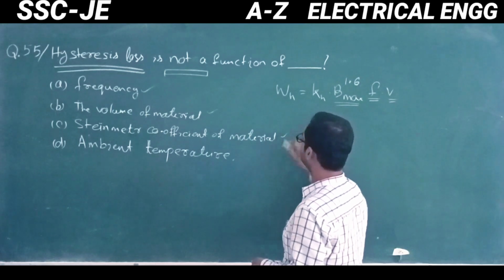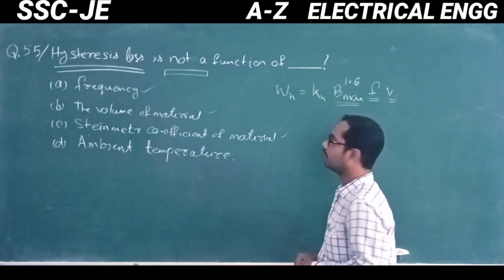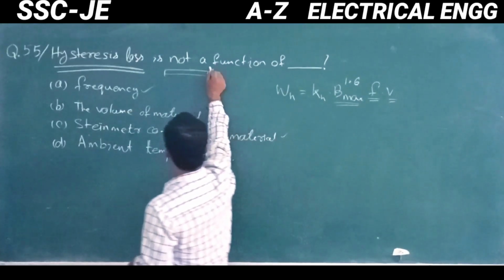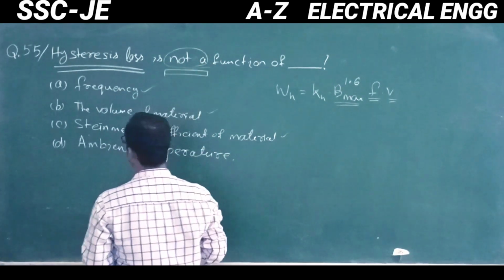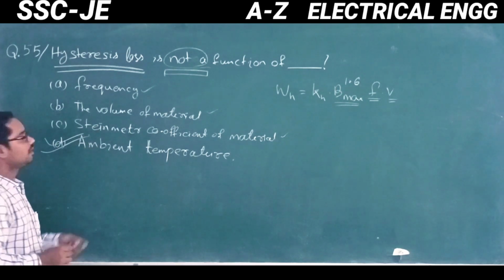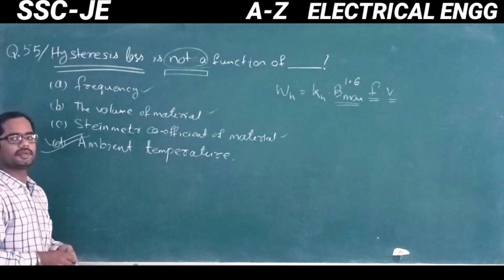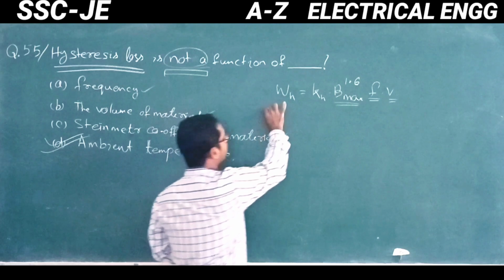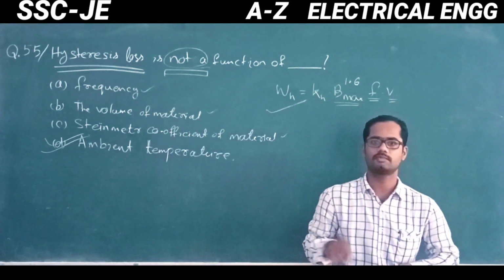KH is the Steinmetz coefficient of the material. The options are frequency and volume of the material, which are present. As it is said it is not a function, the last option D will be the correct answer: ambient temperature. Hysteresis loss does not depend upon the ambient temperature. You have to remember this formula. Moving to the next question.